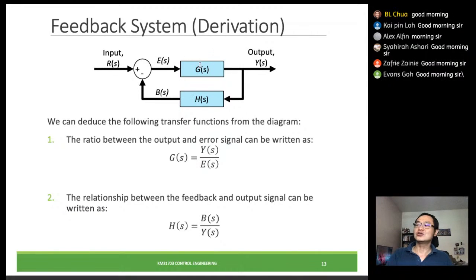After going through the transfer function of G, we get Y. So immediately we can see that the ratio of output divided by error gives us the transfer function of G.